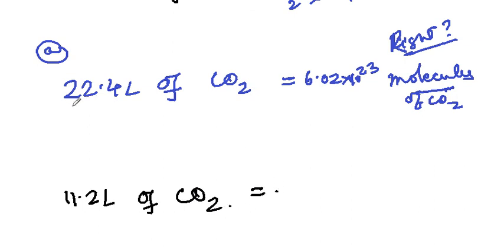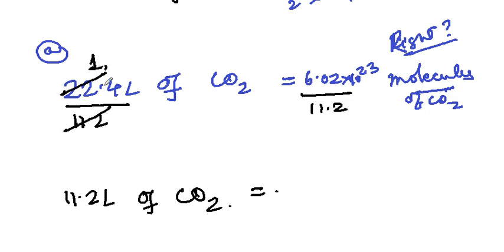So for that, we are going to divide it by 22.4 on both the sides, so that we get the number of molecules for 1 liter of carbon dioxide. Oh sorry, this would have been 22.4. So we have 1 liter of carbon dioxide that would have 6.02 into 10 to the power 23 molecules of carbon dioxide.